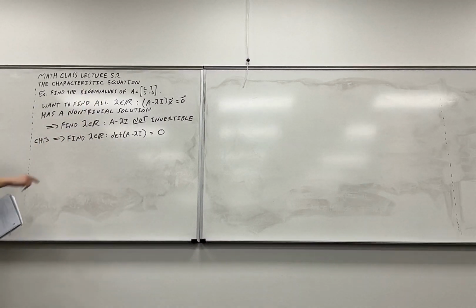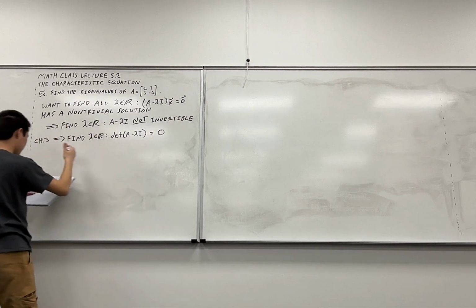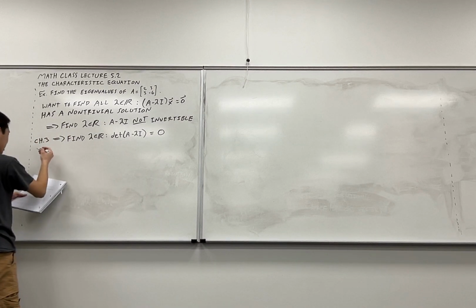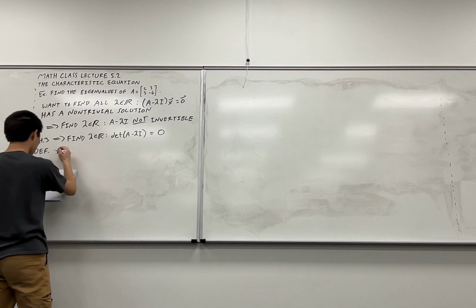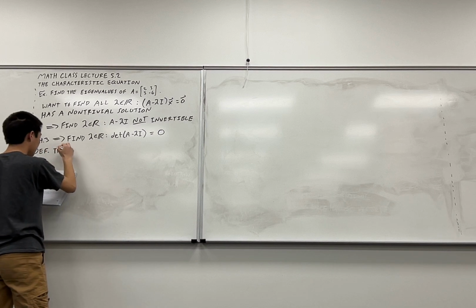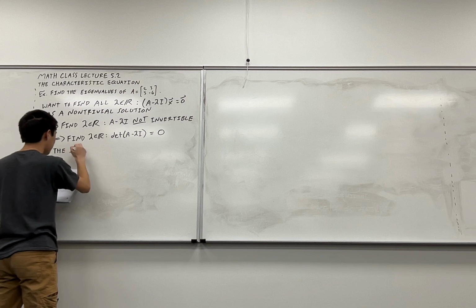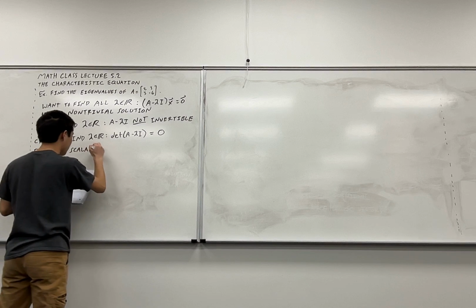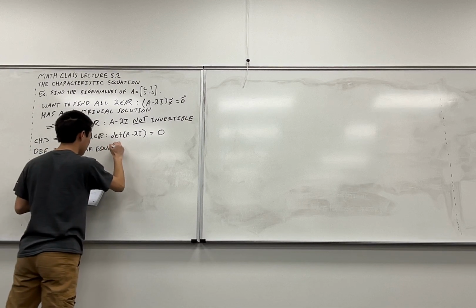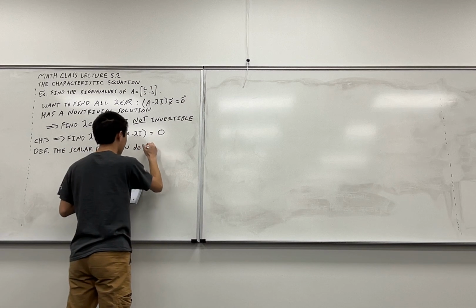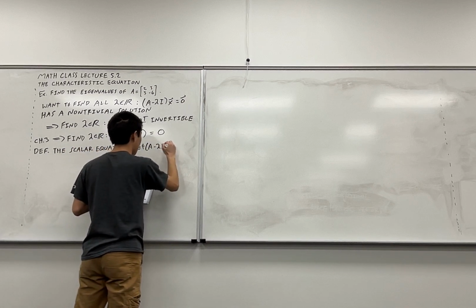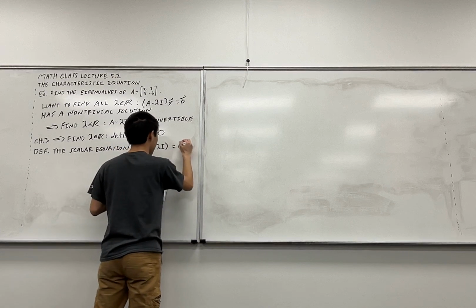So we're going to tend to use these determinants. Here's a definition so that we can put language behind this. The scalar equation, which is basically this: the determinant of A minus lambda I is equal to 0.